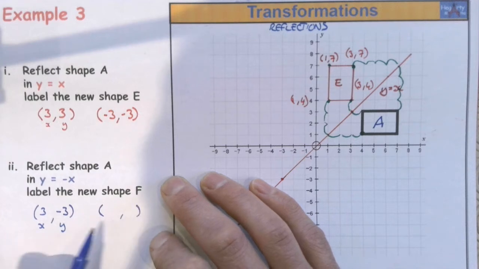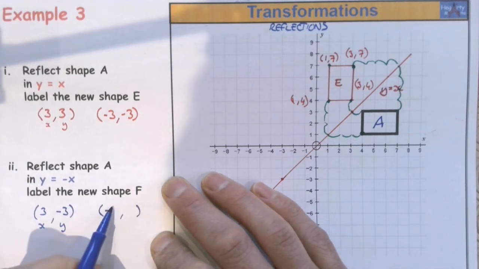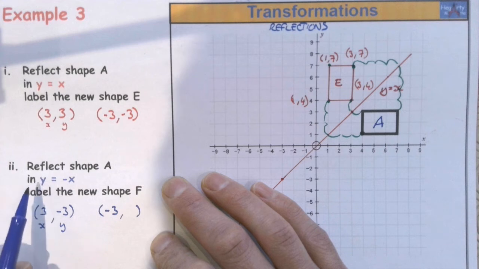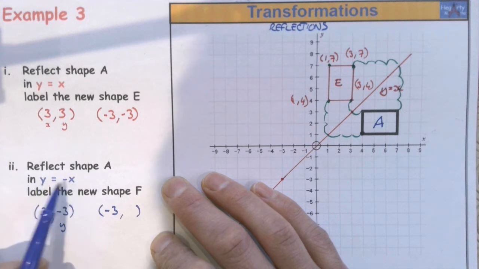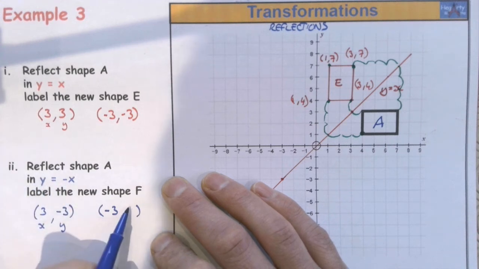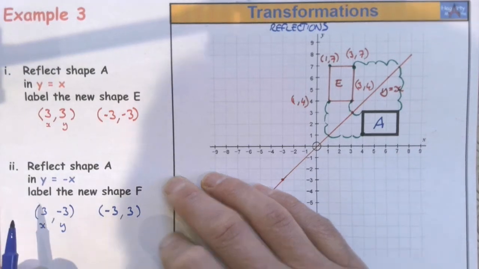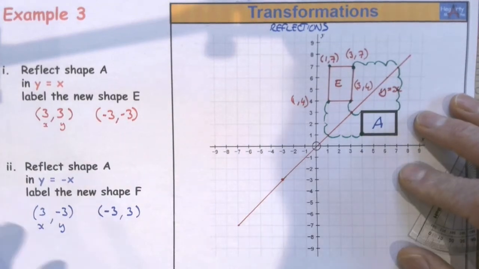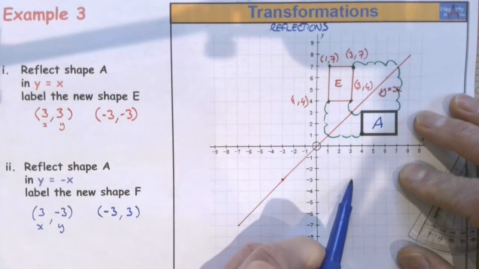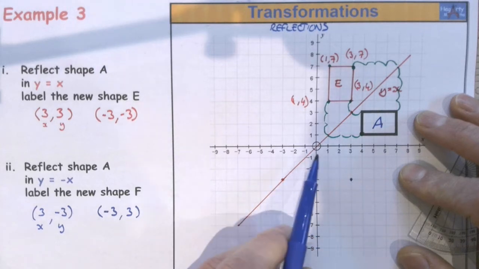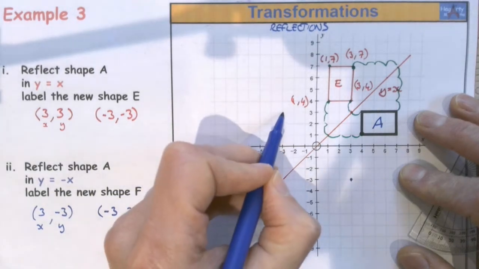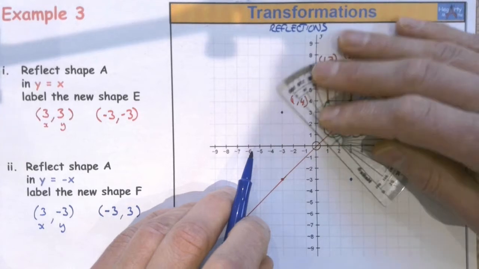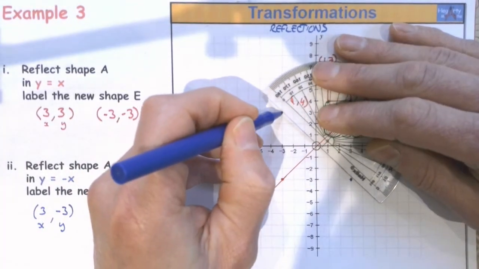And if we think about when x is minus 3, y is going to be the minus version of the x, so it's going to be minus 3, which is 3, okay? So if we think about where those 2 points are, so we've got 3 and minus 3, and I've got minus 3 and 3. Okay, I've got the diagonal, now it's going the other way, isn't it? Right?